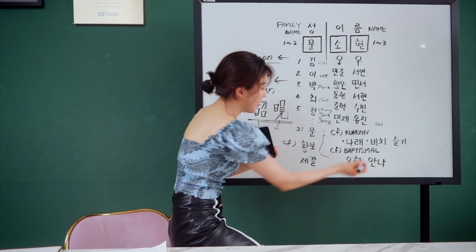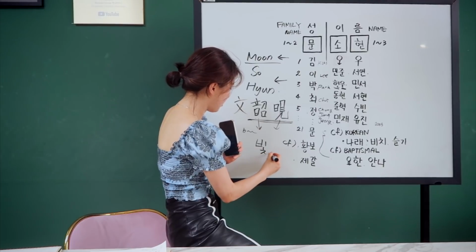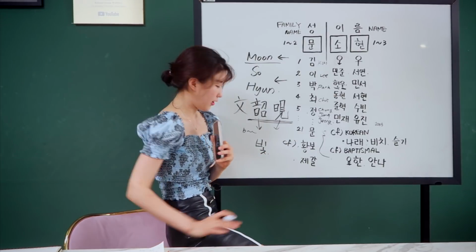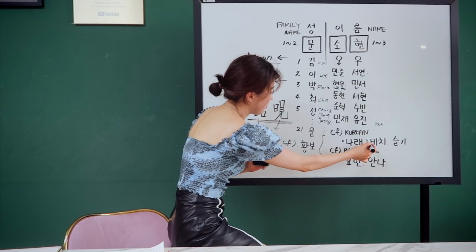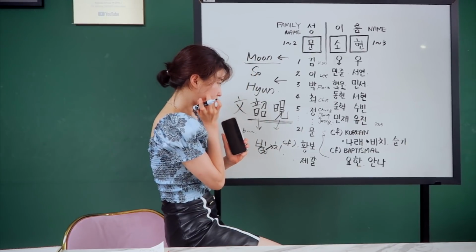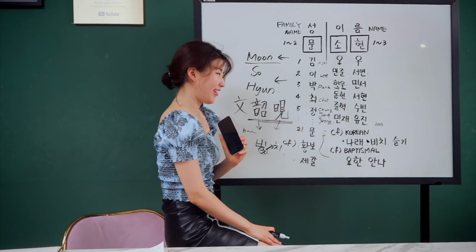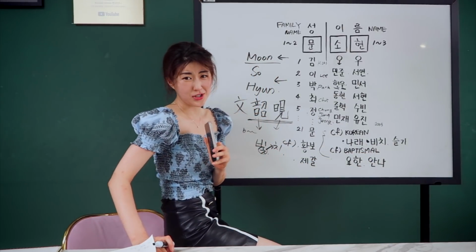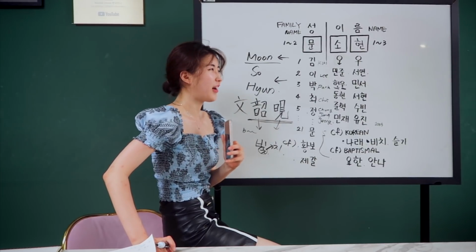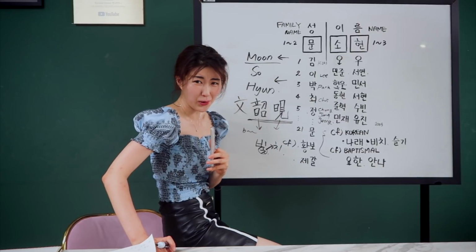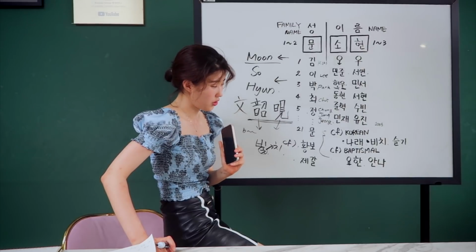And this 빛이 came from this word 빛. 빛 means light. So her name was 빛이, but later she eventually changed her name. I think it's beautiful, but in middle school, people teased her with her name, which is so sad because it kind of sounds like an English word.